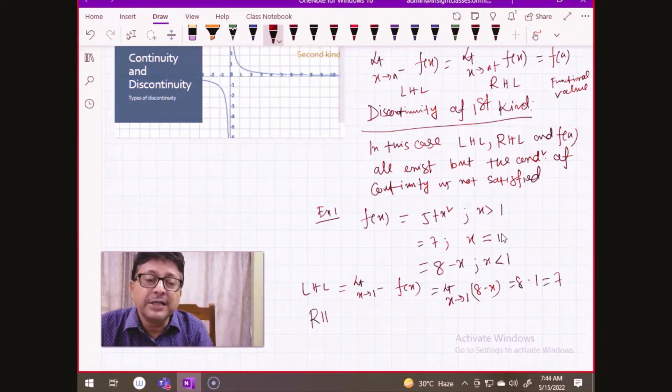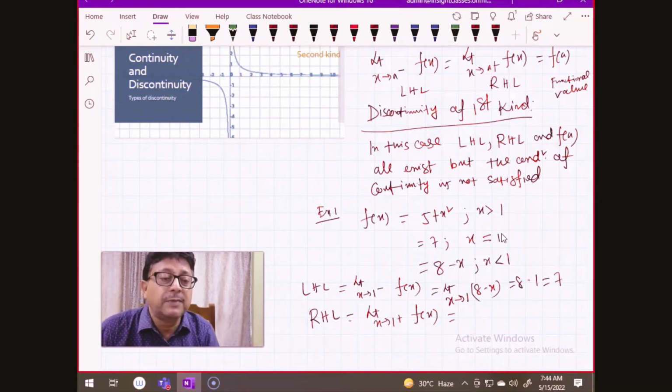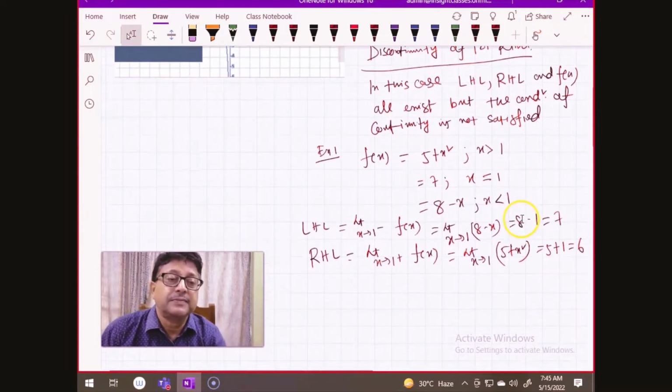What about RHL, right hand limit? This is limit x tending to 1 plus f(x). We will be using the first part. So limit x tending to 1 of 5 plus x square, which is equal to 5 plus 1, this is equal to 6.